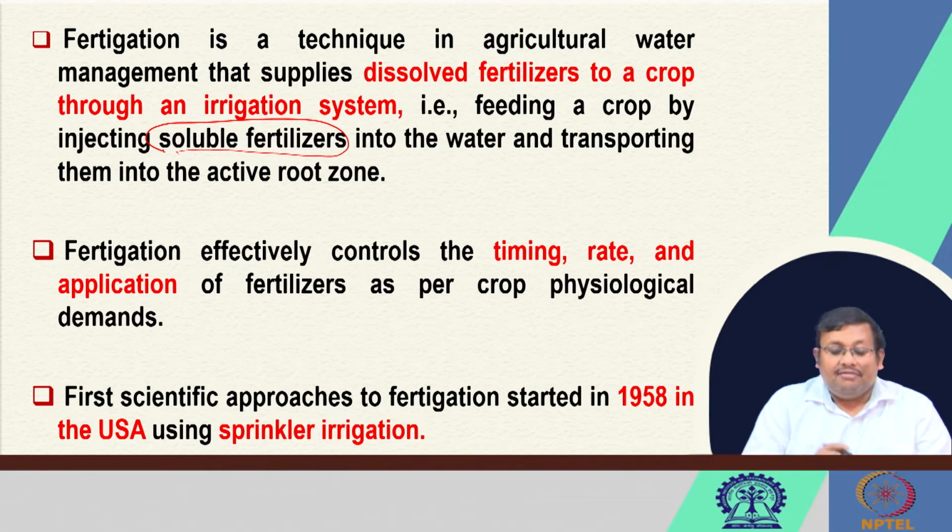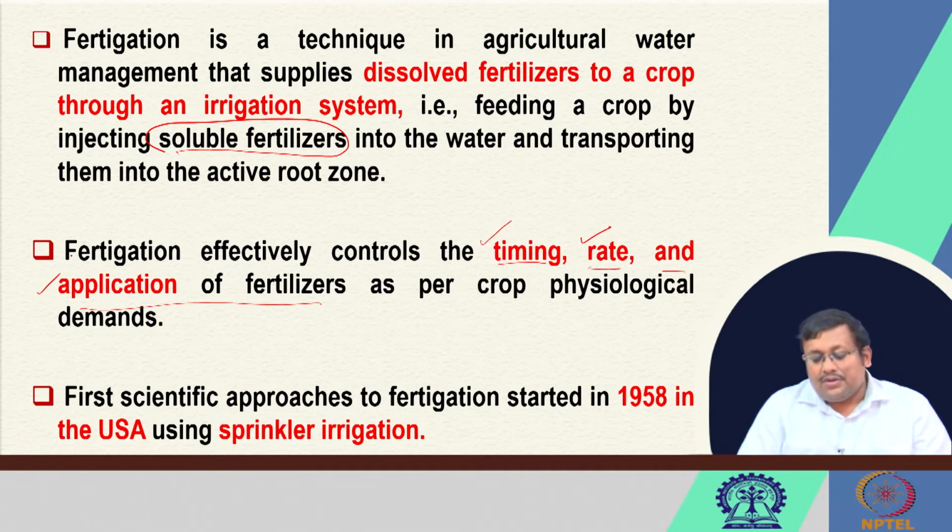Now, remember that fertigation effectively controls the timing, rate and application of fertilizer as per crop physiological demands. Essentially, using fertigation, we can give the fertilizer as well as the irrigation at the proper time, proper rate and through the proper method of application as per the crop physiological demands.